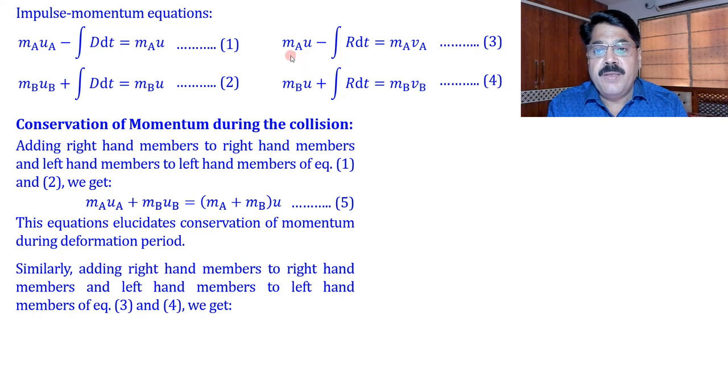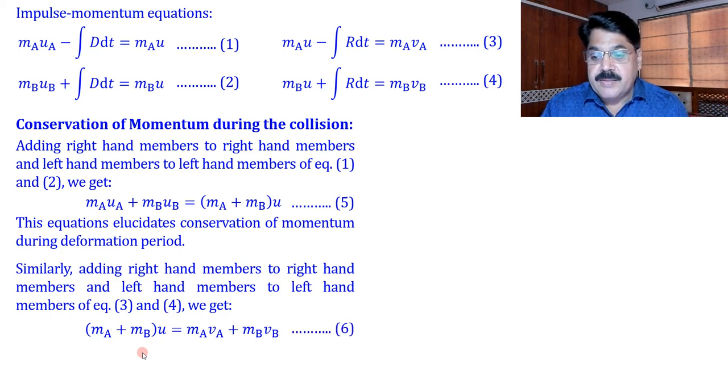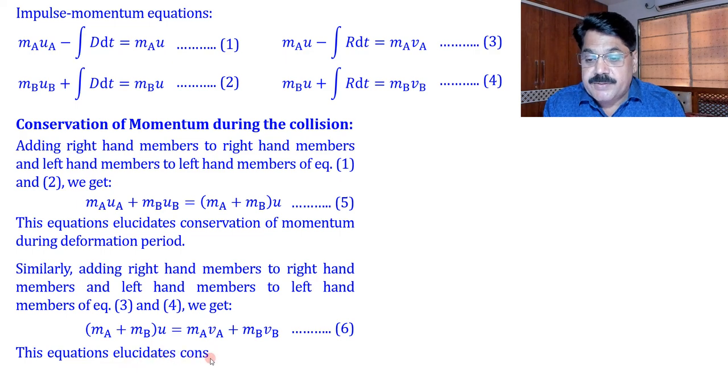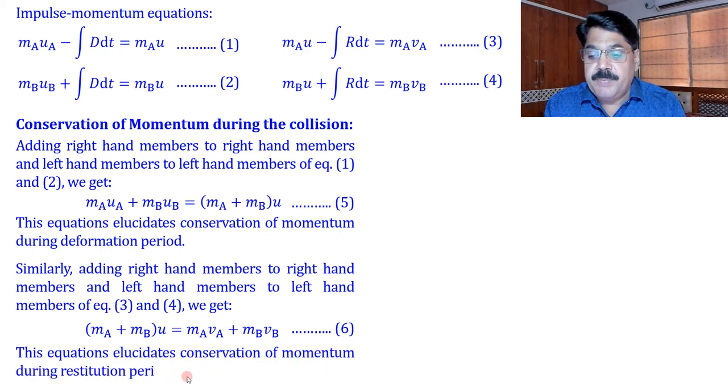So we get MAU plus MBU, so we can take U common: MA plus MB into U, and here we get MAVA plus MBVB. So the equation we write here is MA plus MB into U is equal to MAVA plus MBVB. We call it equation number 6, and that illustrates conservation of momentum during the restitution period.